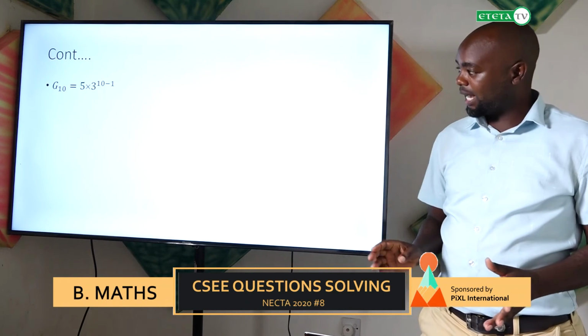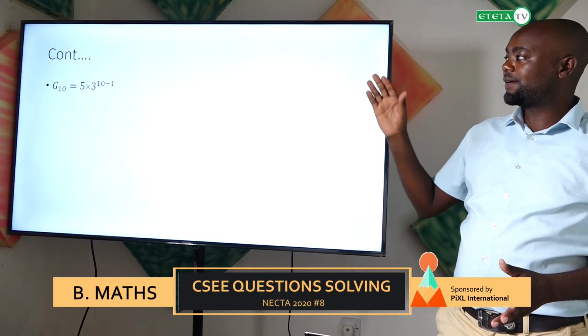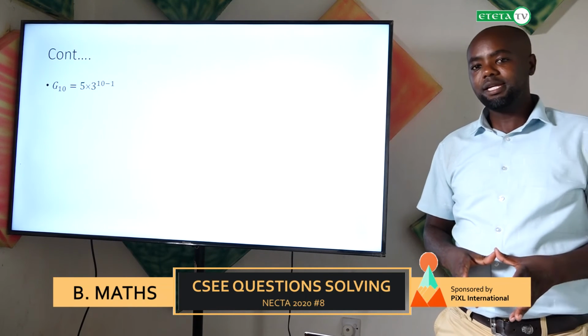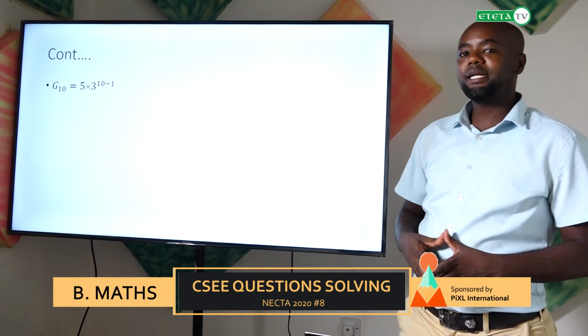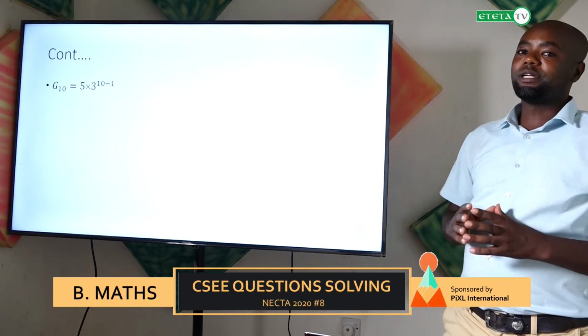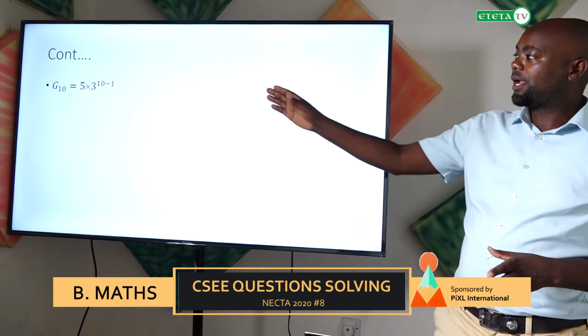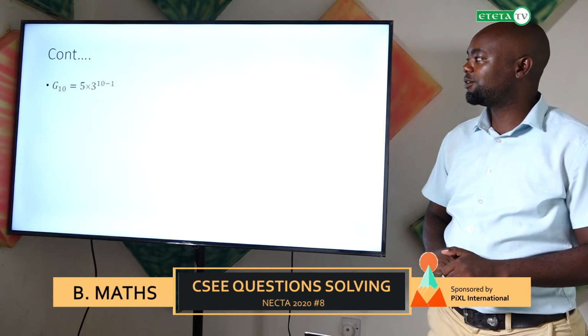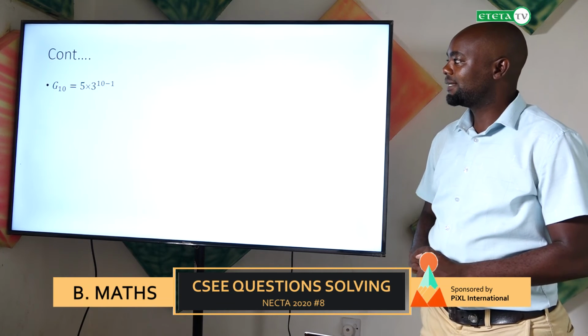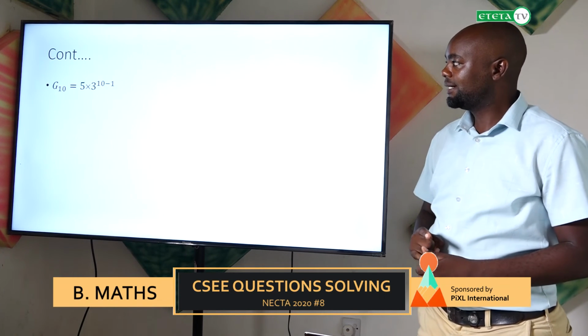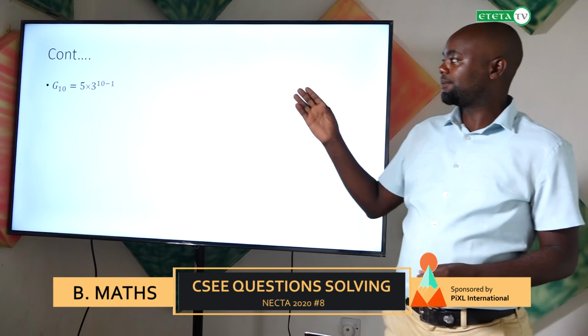Since we are asked to find the 10th term, and our general formula is Gn equals G1 times R exponent n minus 1, you are supposed to substitute the value of n, which is 10.